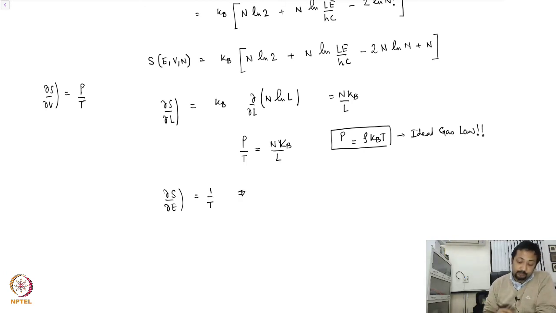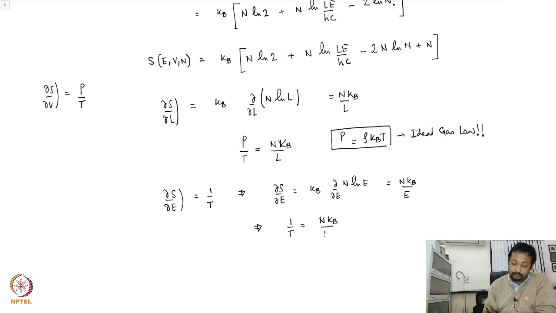So this implies that del S del E from this expression is k_B times del del E of n ln E. The rest of it doesn't matter because it does not depend on the energy, and which is n k_B divided by E. So that I have 1 by T is going to be n k_B over E, and this implies E is equal to n k_B T.